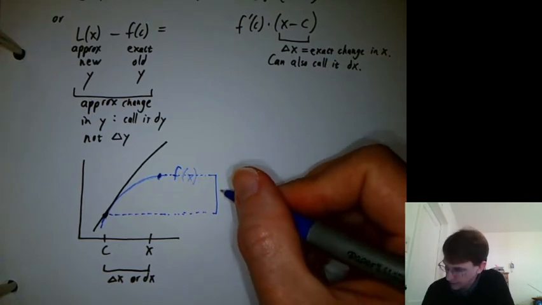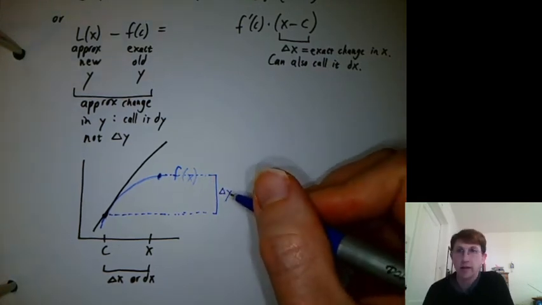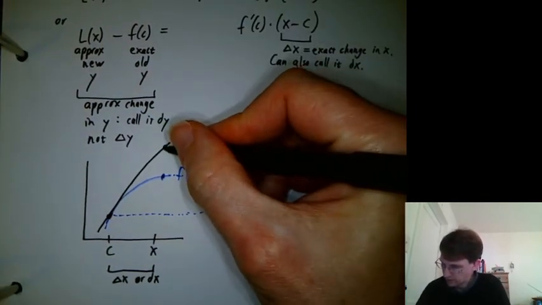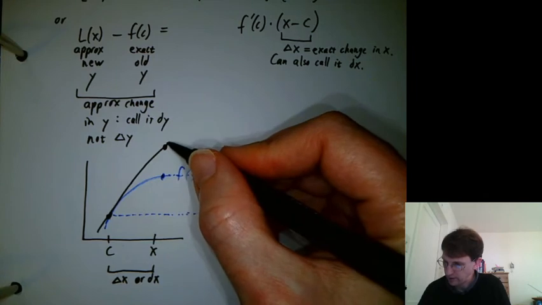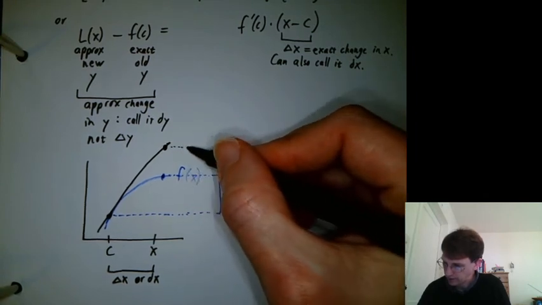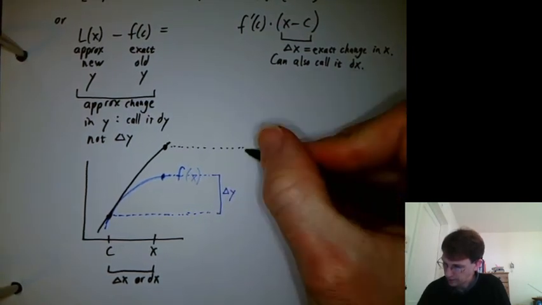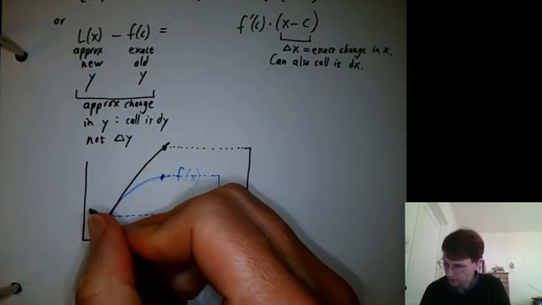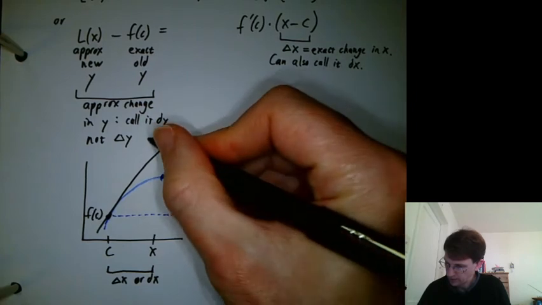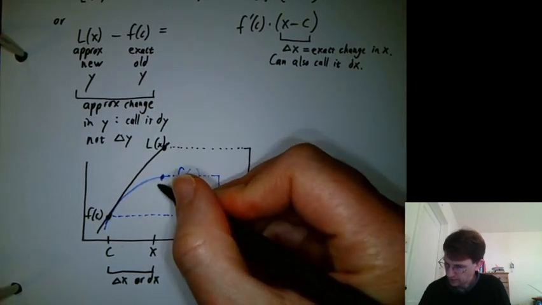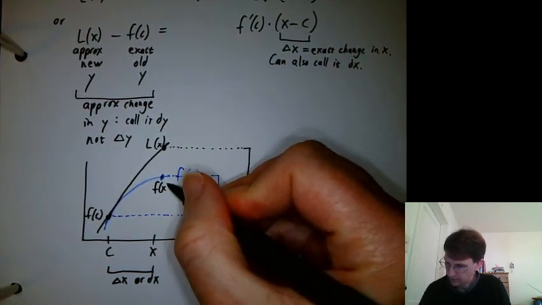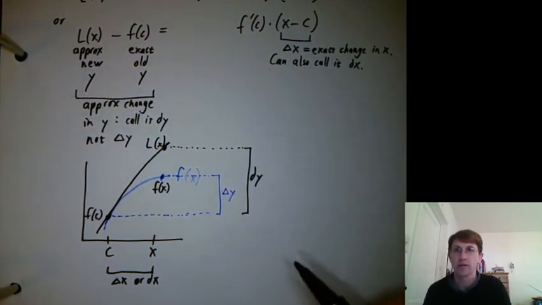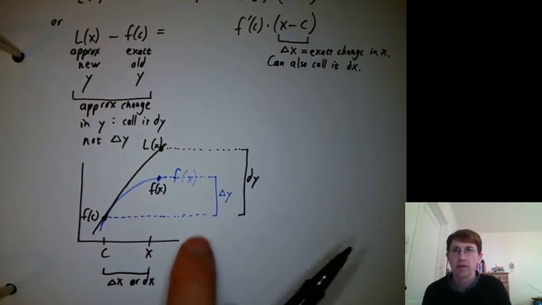That's the exact change. So that vertical distance is delta y. And then our new point, our point on the tangent line, is up there. So over there to down here, the original y value, this was f of c, this is L of x, and this is f of x there. That is our approximate y value, our approximate change in y. So that's what's going on here.